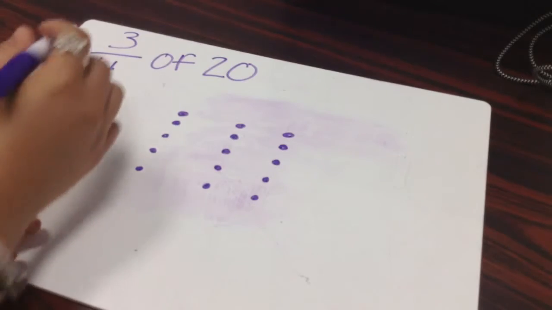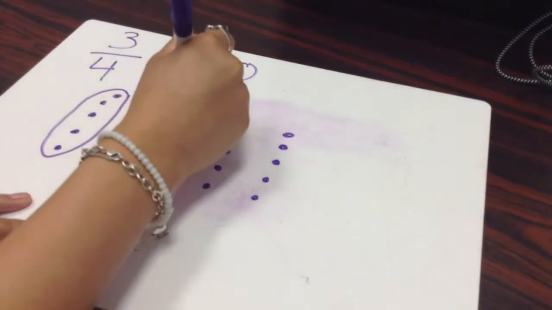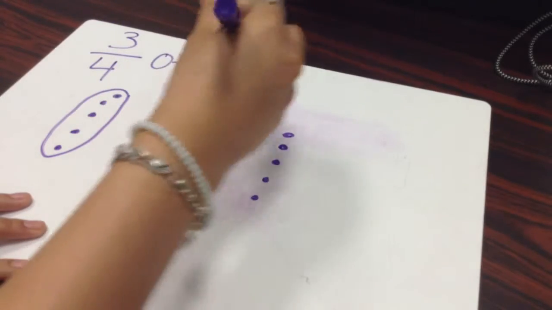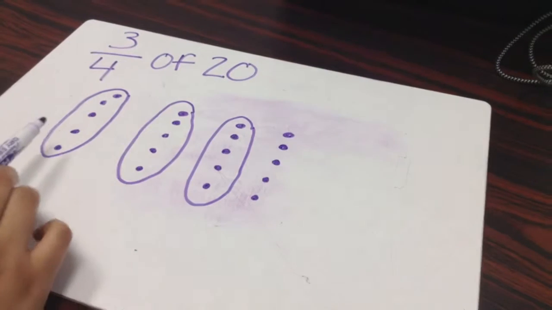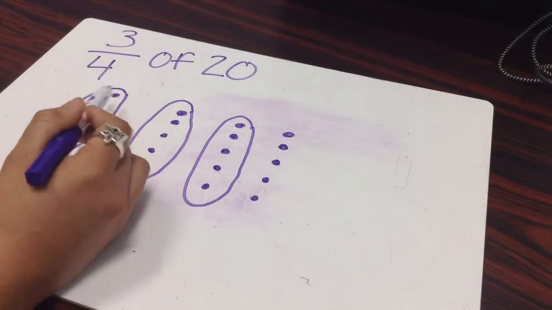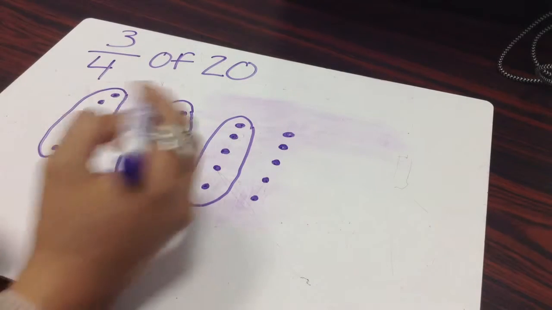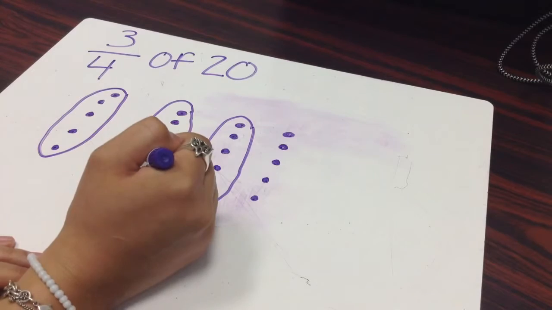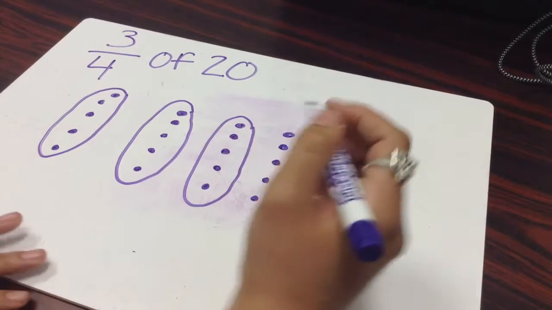And so we want 3 of those groups, so I'm going to go in and circle 3. And we want to see what is 3/4 of 20, so I'm going to count how many I have total in the 3 groups. So I have 1, 2, 3, 4, 5, 6, 7, 8, 9, 10, 11, 12, 13, 14, 15.